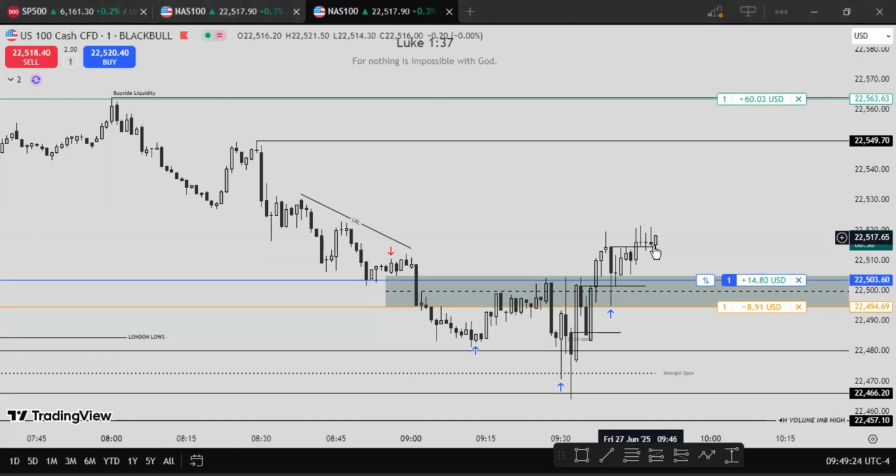I wanna see us start pushing higher here from this order block. I don't wanna see us trade anywhere below this.